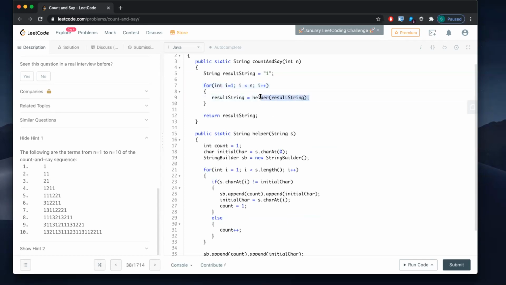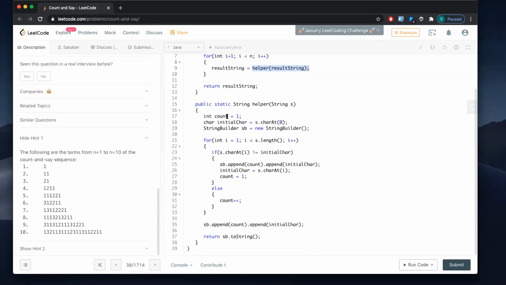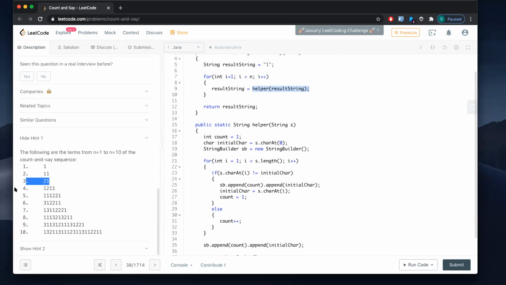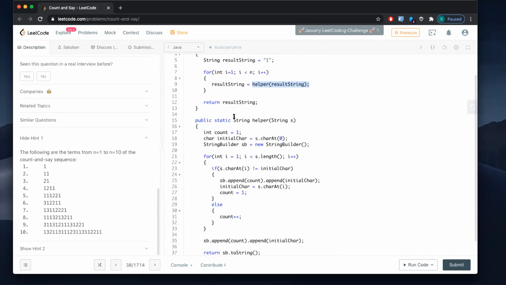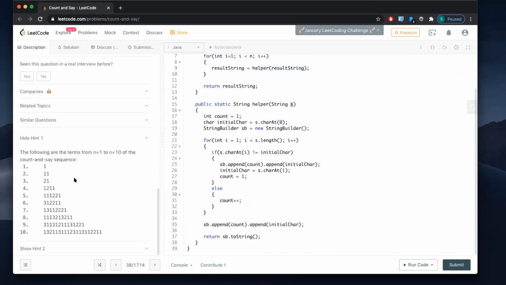In this helper method, at first count equals 1, and it looks at the first char and builds a string builder. Let's look at an example: number 4, which is 1211. When we're at number 4, we already know number 3, which is 21. So the string is 21, and count is 1.